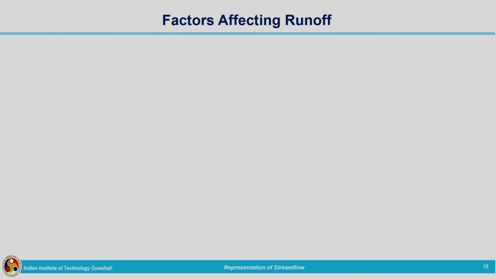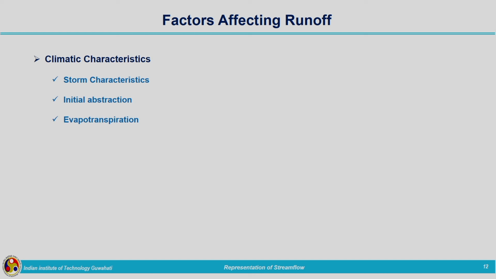Now, let us see the different factors affecting runoff. When we talk about runoff or stream flow, which are the different factors influencing it? The first one is the climatic characteristics. It includes the storm characteristics, initial abstraction and also evapotranspiration.